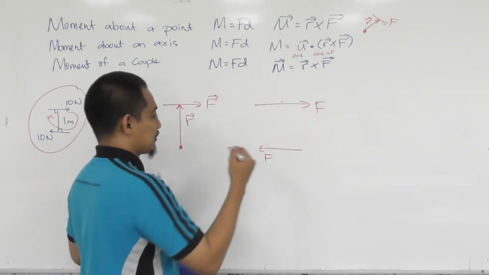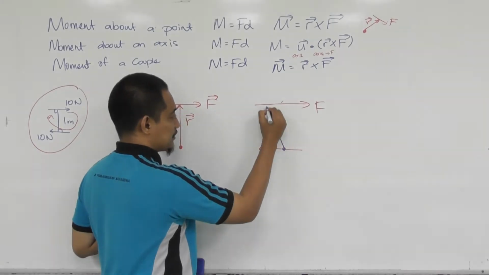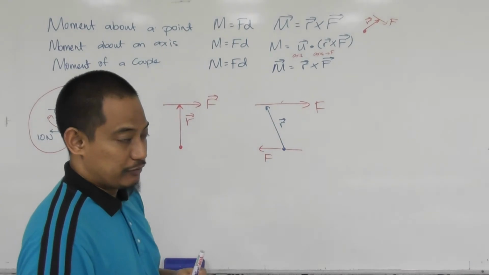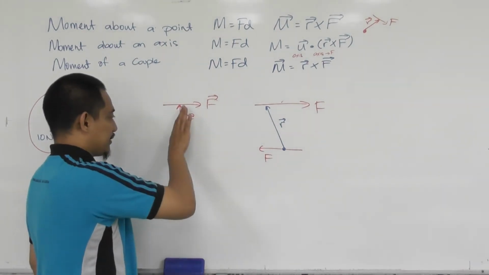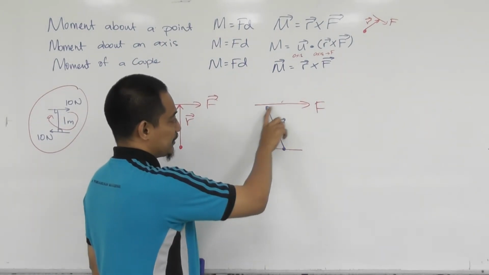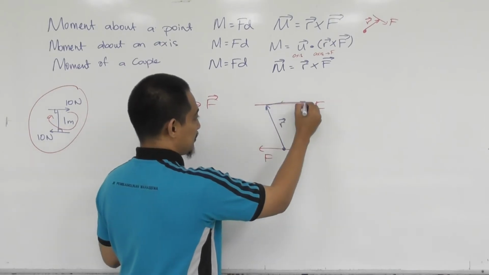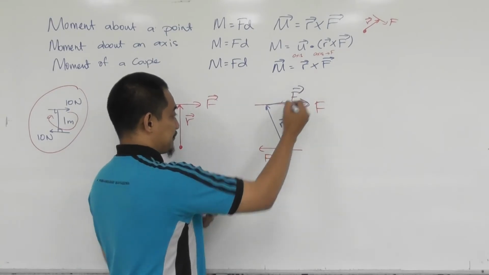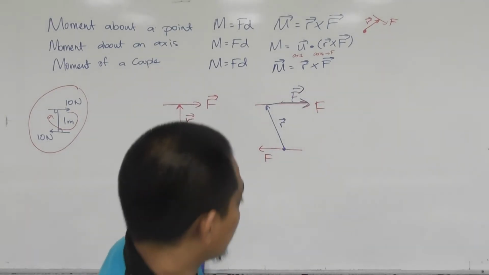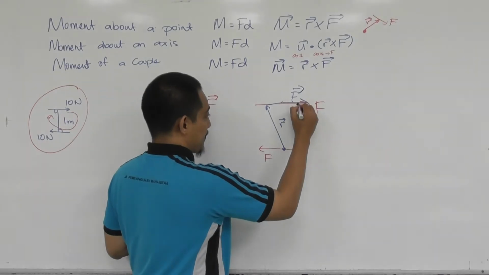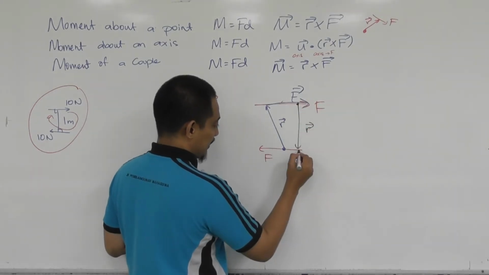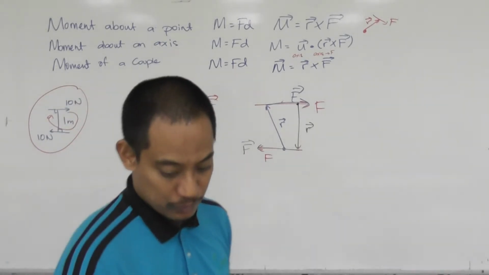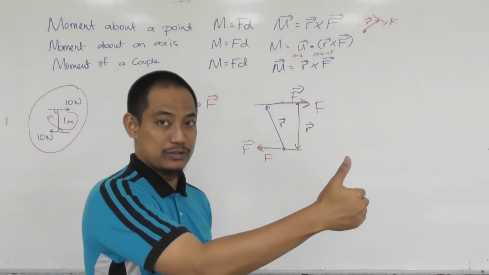So let's say if I take this as my R, then R cross F, so this is the F that I have to consider for R cross F. If I use a different one, for example if I use R going down, my F is this one. So it's basically R cross F.